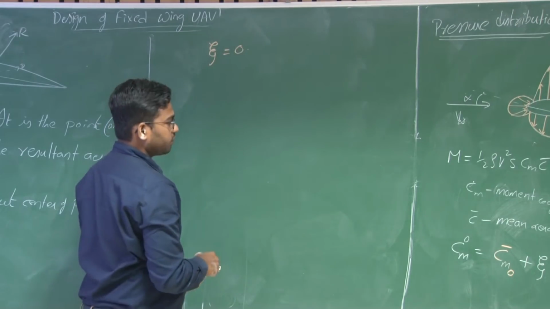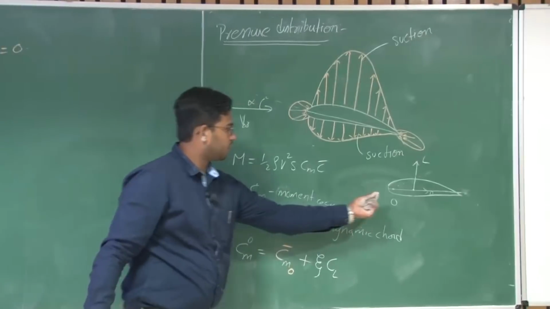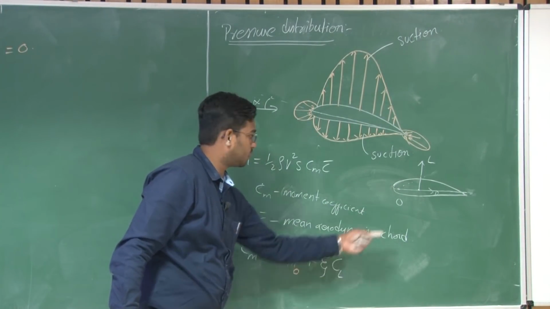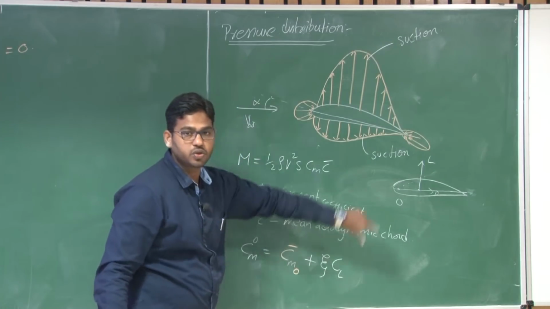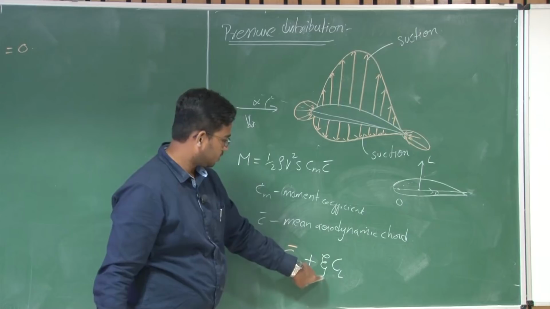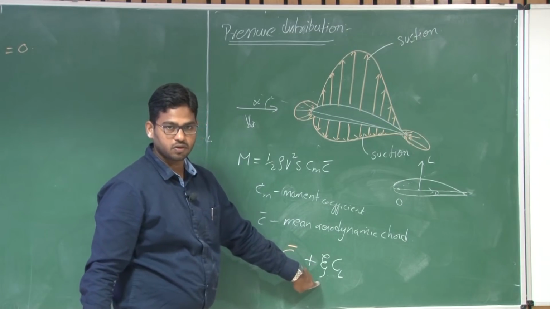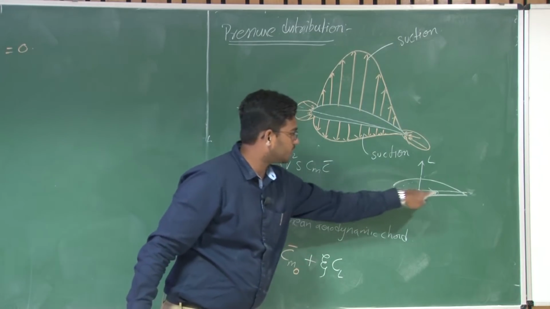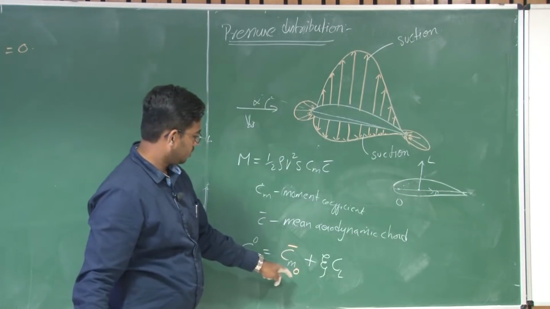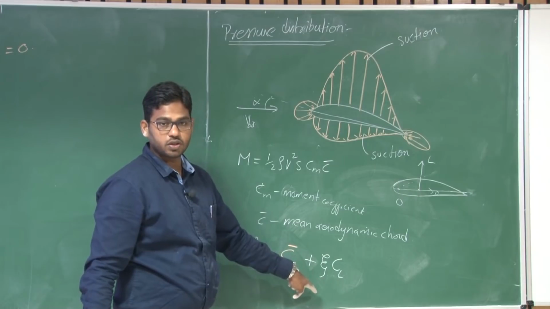So when you consider the moment reference point towards the leading edge, you have zeta as negative. Why? Because Cl will contribute a nose down moment here. Cl is positive, lift is positive, so zeta has to be negative. And if you consider the same moment reference point at the trailing edge, zeta becomes positive.